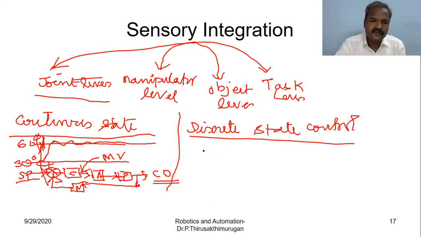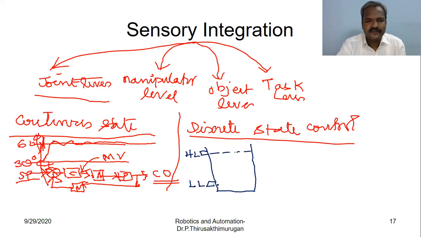Say you consider a tank in which there is a high level and a low level, HL, high level, low level. So we have to fix a controller. So here use two balls. Say you can use some two balls.